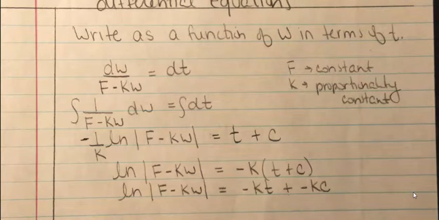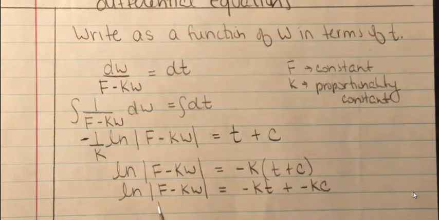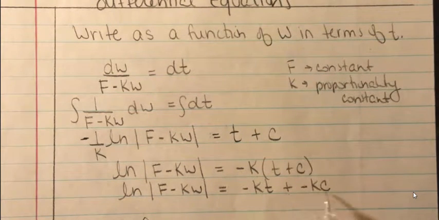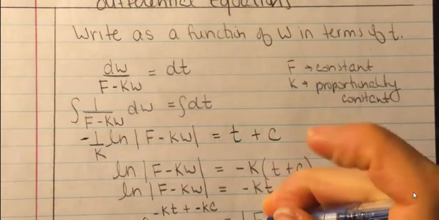Because now what we're going to do is undo this ln, so that I can get this out of here. So I'll basically rewrite this as an e to this side, minus.